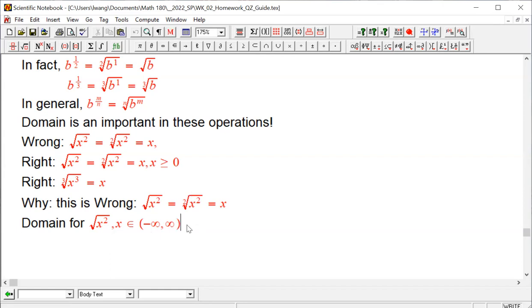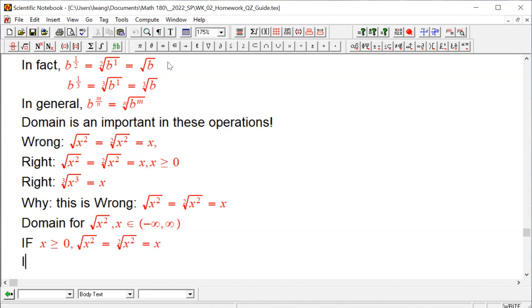Okay. If it's all real numbers, then X can be negative, X can be positive. So we know this is right if X is greater than or equal to 0, right? So in this case, yes, absolutely, this is always true, right?